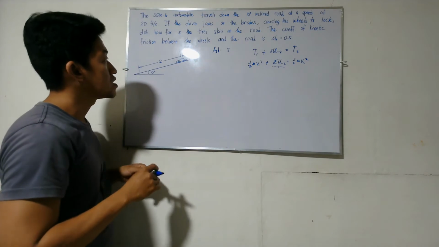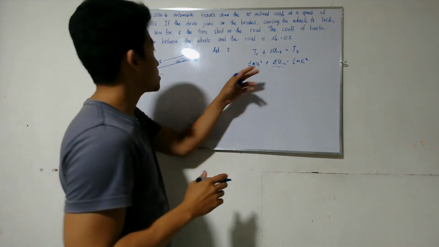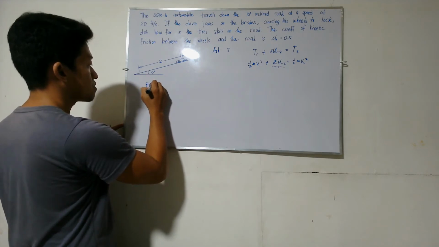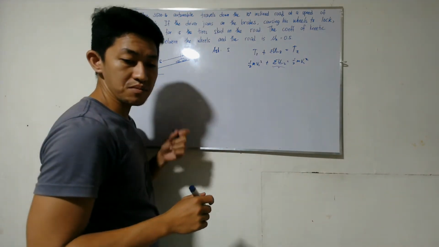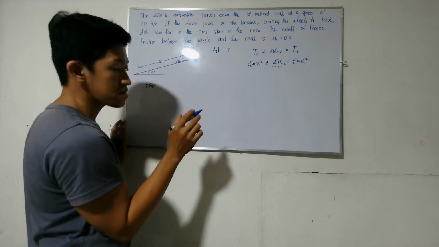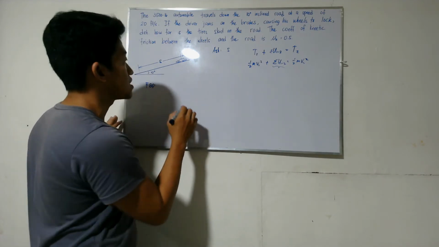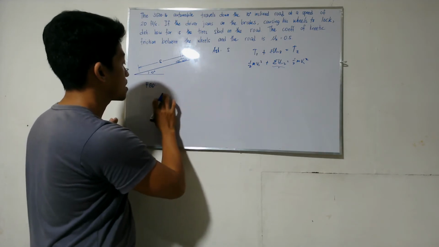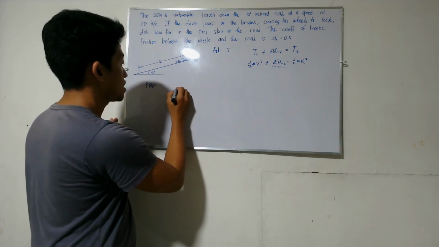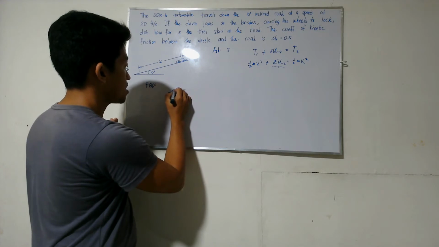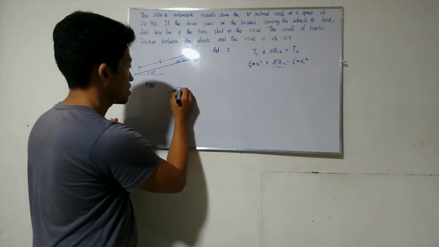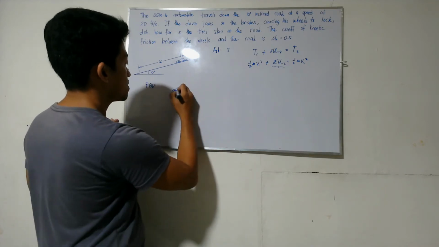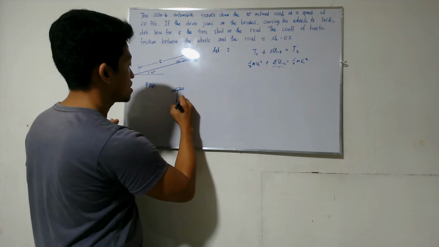Okay, so before we can get to work, we must draw the free body diagram. So in your solution, there must be a free body diagram. Without the free body diagram, your answer is not valid. Okay? For the car, first, you have the weight, mg.